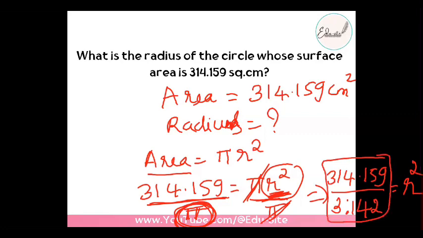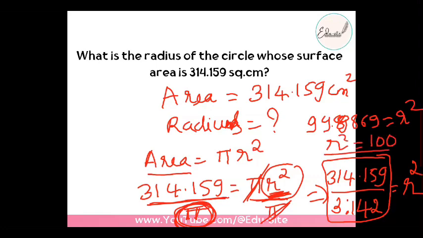Is a calculator available with you? Yes, please tell me the answer to this. 314.159 divided by 3.142 is 99.99869. Can we not write it as 100? Just rounding off? Yes, we can. So r square is equal to 100.